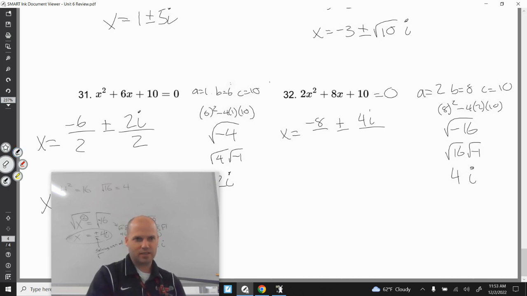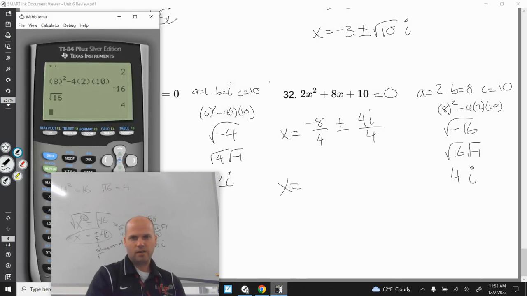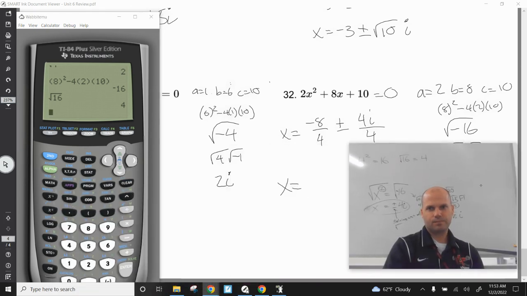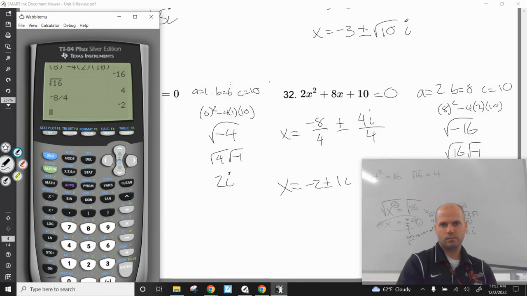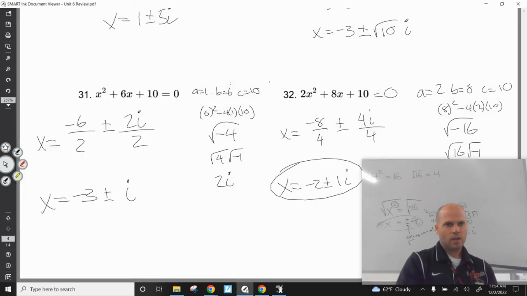What is 2 times a? 4. Divide. Using your calculator, negative 8 divided by 4 and 4 divided by 4. Or you know that negative 8 divided by 4 is negative 2. And you know 4 divided by 4 is 1. These are your answers.